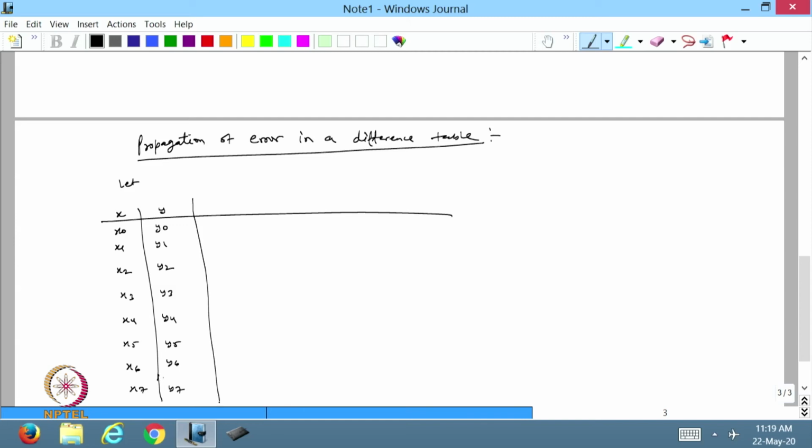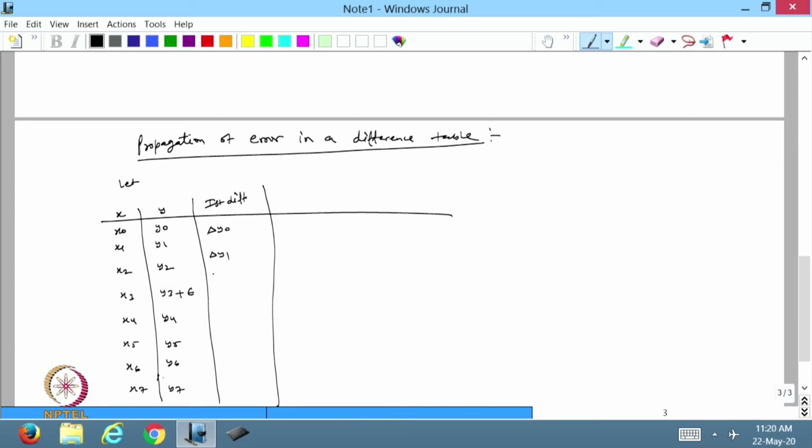So, let us take that in between there is some error introduced. So, plus epsilon is the error. Now, let us take the first difference. Maybe I can now write it in forward differencing. So, this will be equal to y naught, this will be equal to y 1, and this will be equal to this minus this.